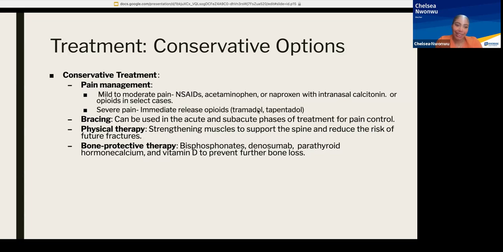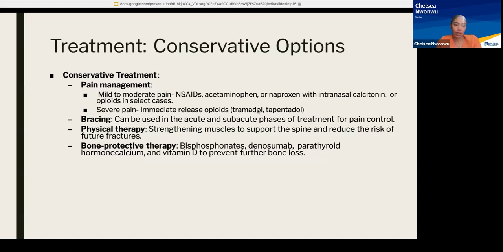And then also bracing. Depending on where you read, you get mixed reviews, but some say that it can stabilize the spine and alleviate pain in acute phases, but it's not necessarily used long-term because it can cause muscle atrophy. Physical therapy plays a vital role, as well as exercise, focusing on core strengthening and postural training to prevent future fractures.